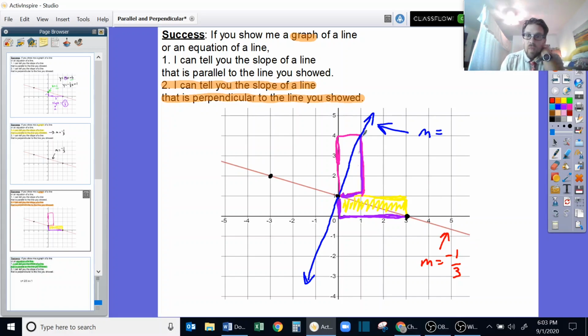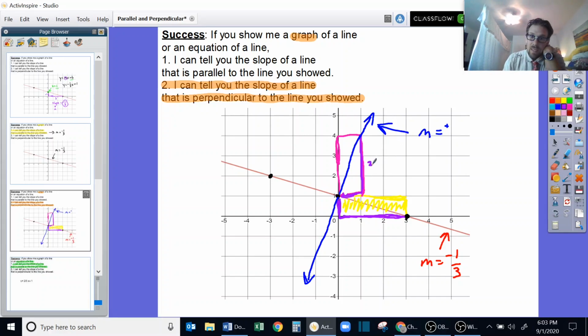Instead, now, this blue line has a positive slope. That blue line is increasing. I'm just going to put a little positive sign. We don't usually write it, but put that right there. Now, when I think of the slope of that blue line, I have a slope triangle drawn here, and I've counted how far it went up and how far it went over.